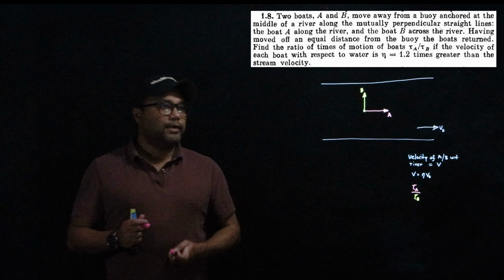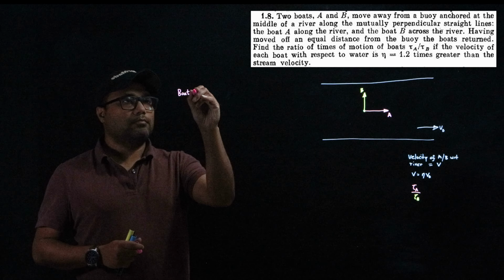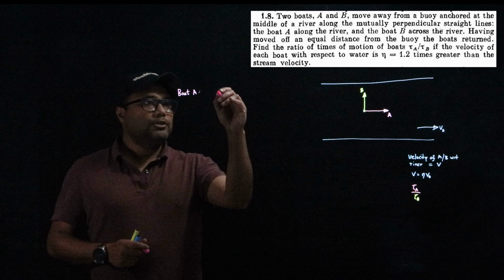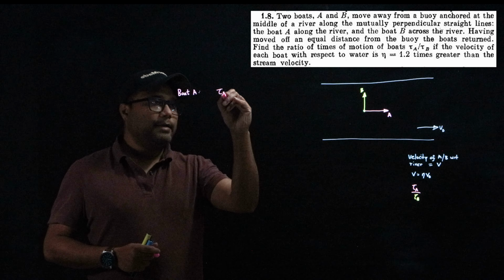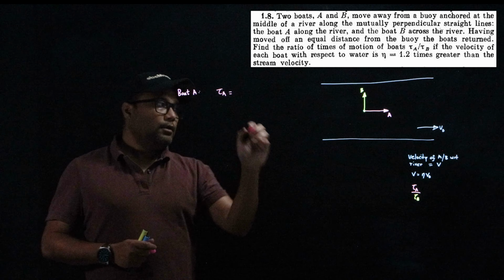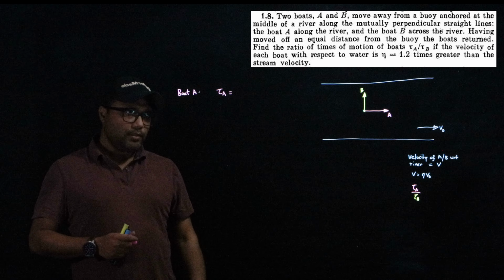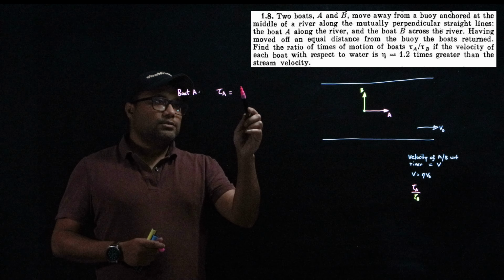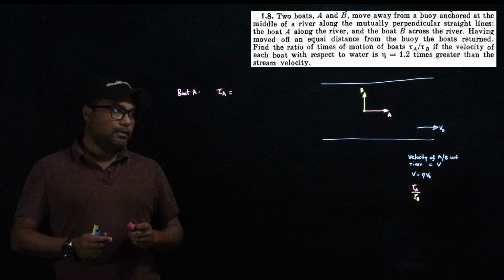Okay, let's look at boat A first. What should be tau A, the time taken for the journey going this way and coming back this way? Time is distance divided by velocity, right?